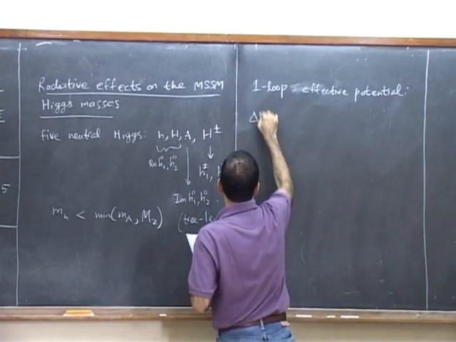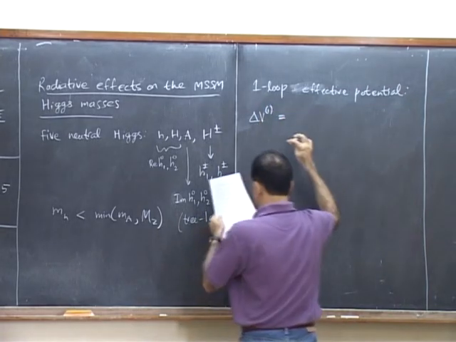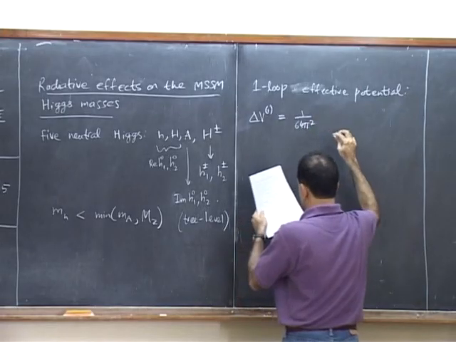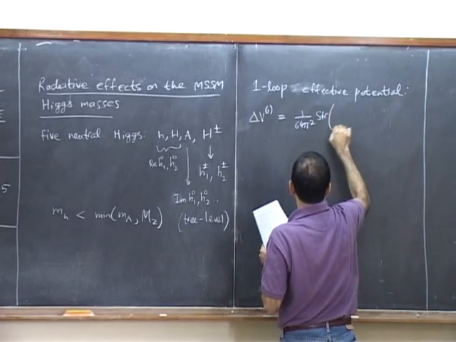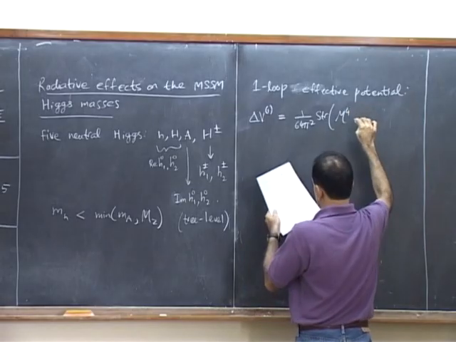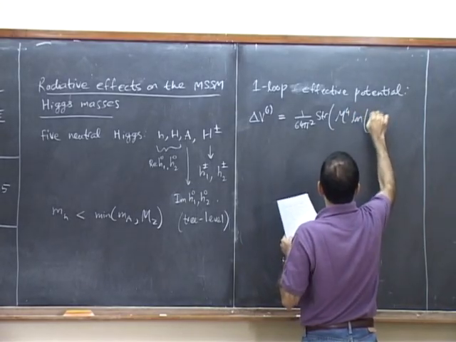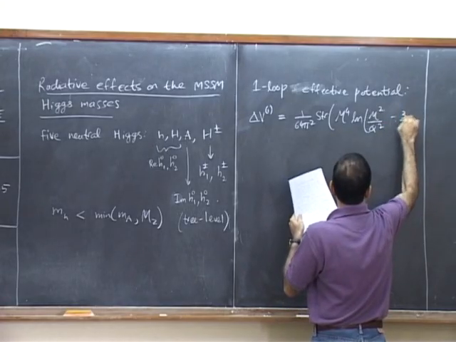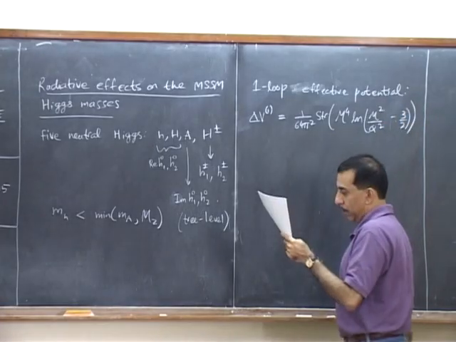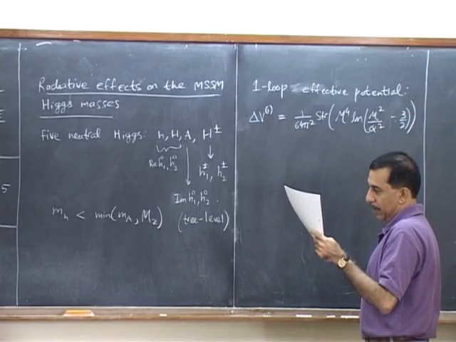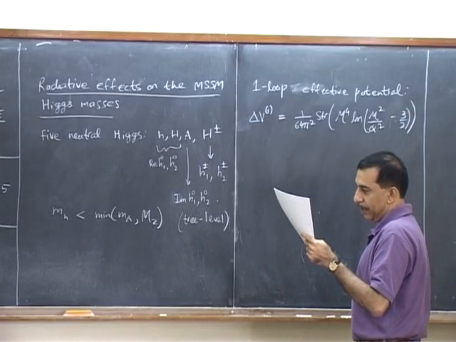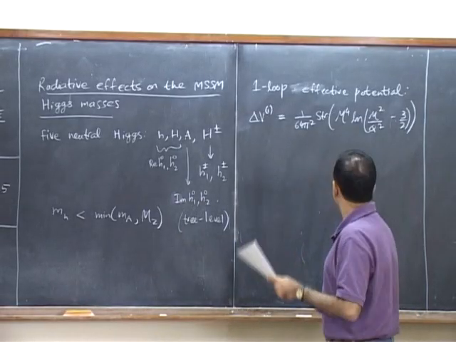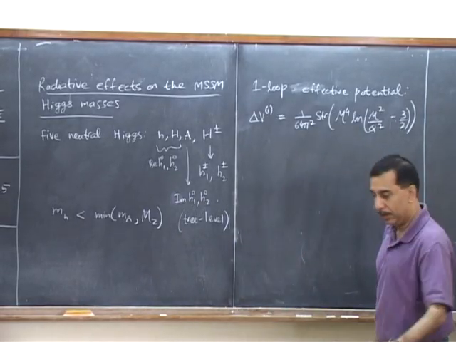I write it as delta V1, and it's equal to 1 over 64 pi squared, the supertrace of M to the 4th, log of M squared over Q squared minus 3 by 2, where these are all the particles that couple to the Higgs.